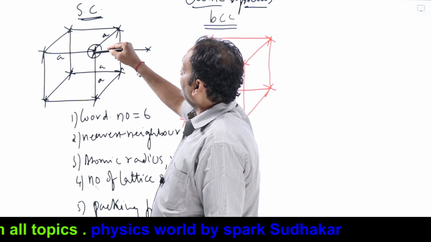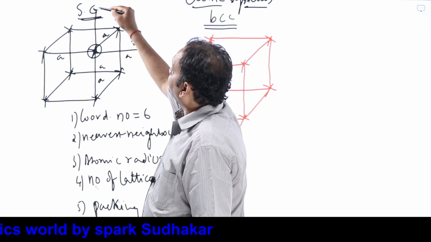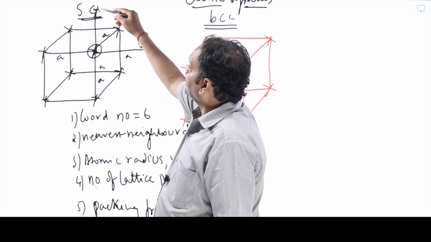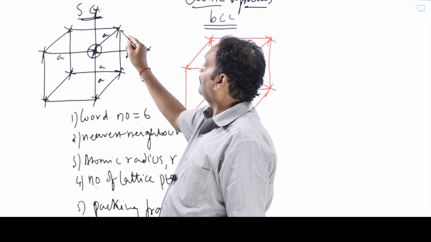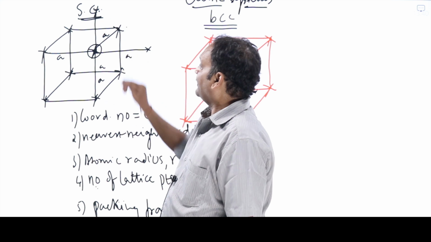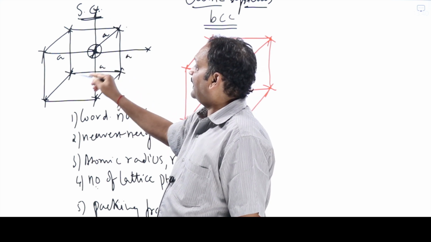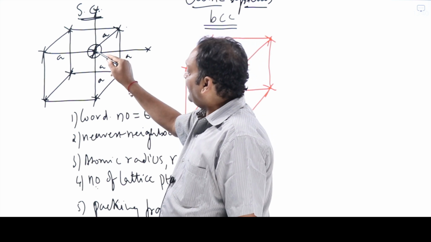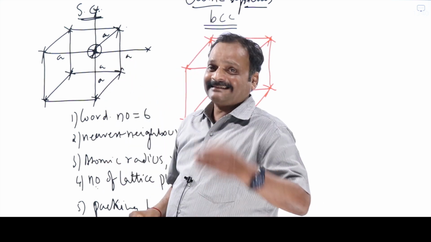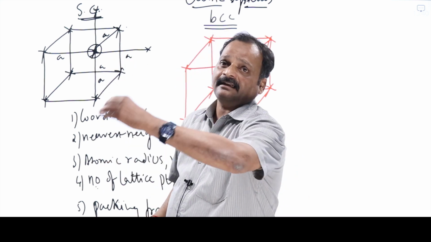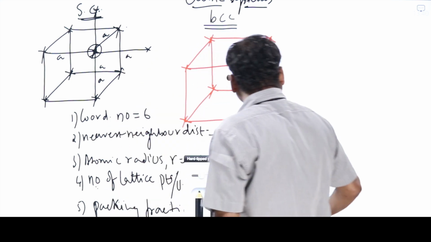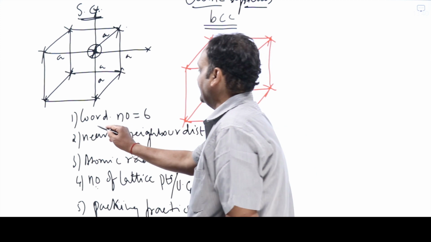Similarly, in the unit cell just above our unit cell, one more lattice point will be here, also at a distance a. So totally 1, 2, 3, 4, 5 are there, and similarly one more lattice point will be in front of this unit cell. So for any given lattice point, there will be 6 nearest equidistant neighbors. That is the coordination number, which for simple cubic is 6, as we have seen in the last class.